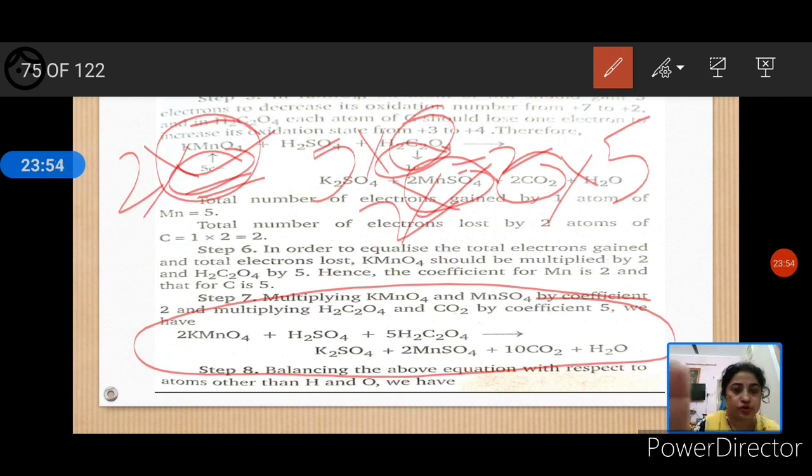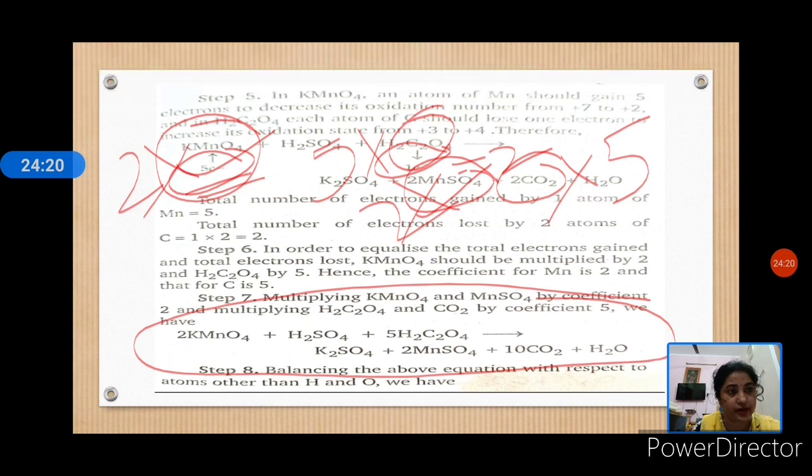2 KMnO4 plus H2SO4 plus 5 H2C2O4, since we multiplied H2C2O4 by 5, gives K2SO4, 2 MnSO4, plus 10 CO2 plus H2O. Now step 8: balancing the above equation with respect to atoms other than hydrogen and oxygen.